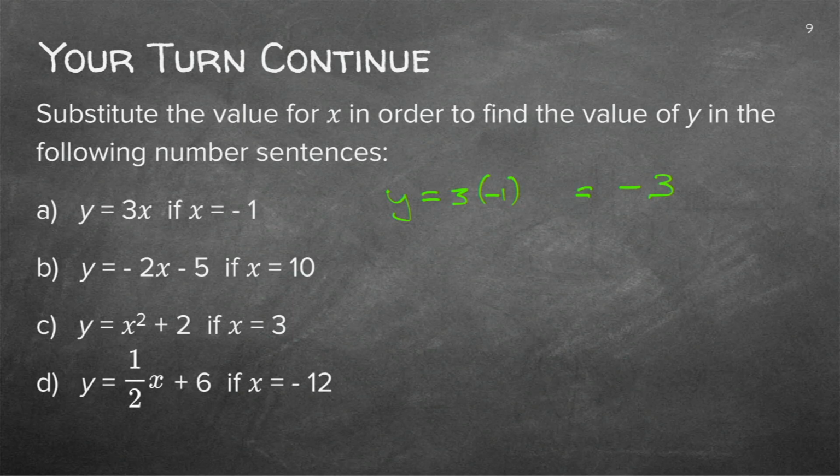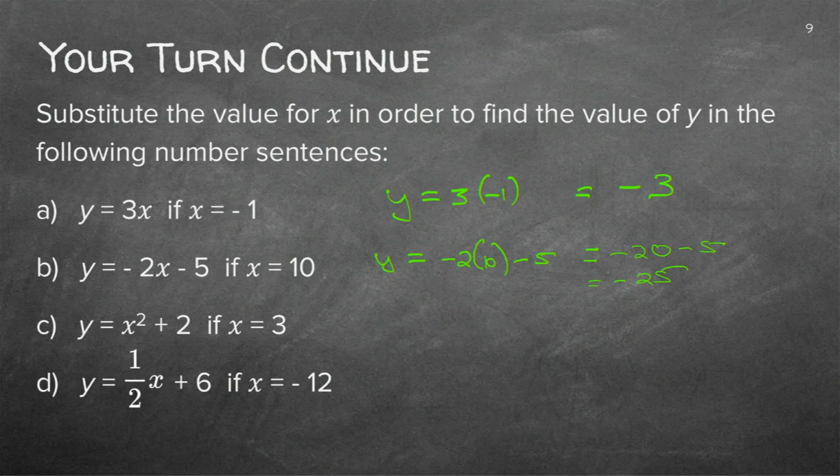The next one, x equals 10, so y equals minus 2 times 10 minus 5, and that will give us minus 20 minus 5. It will give us minus 25.